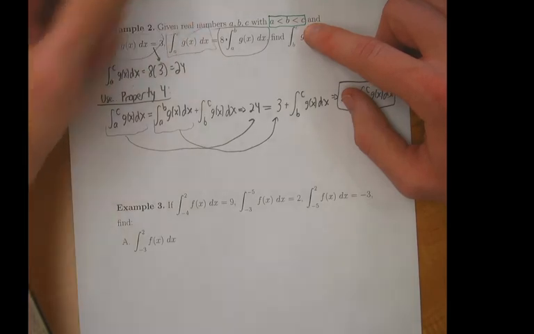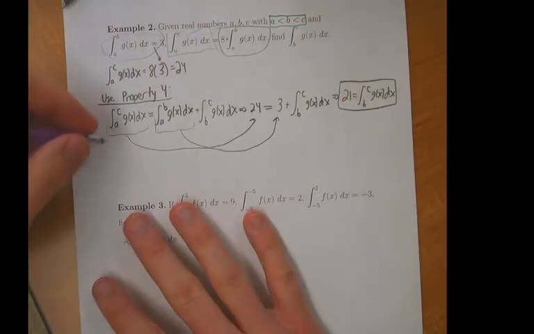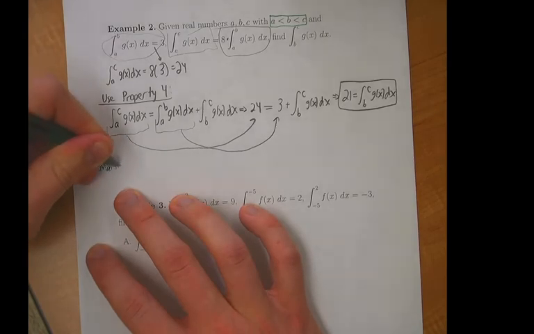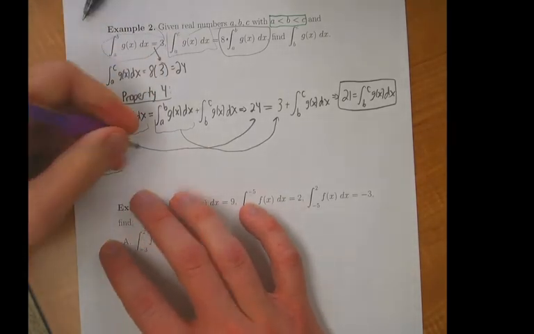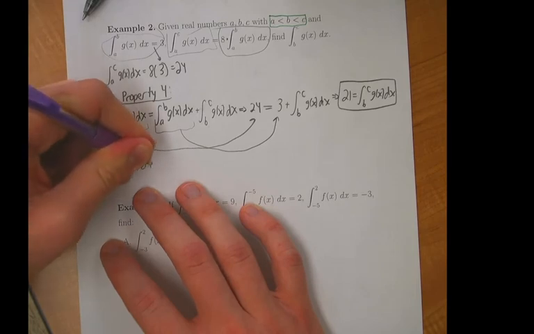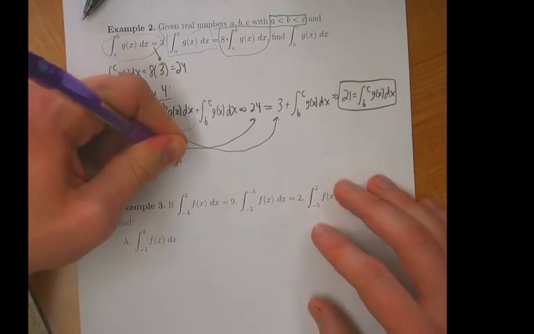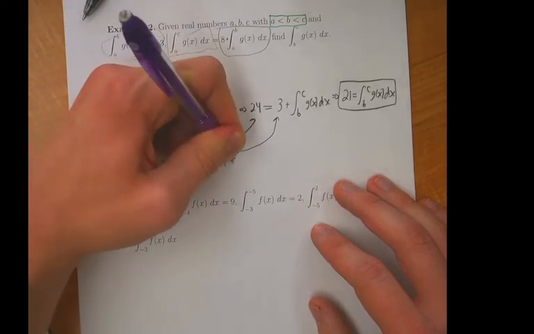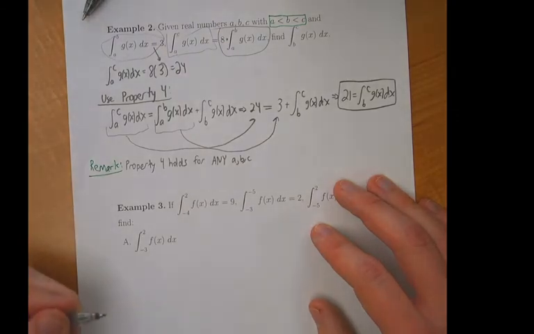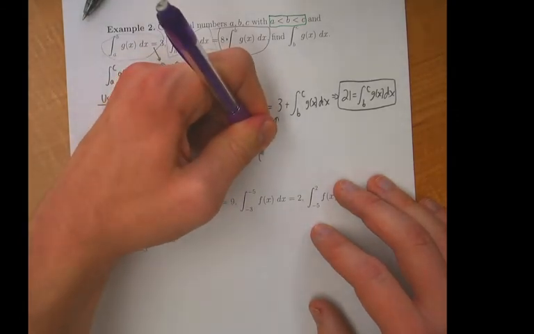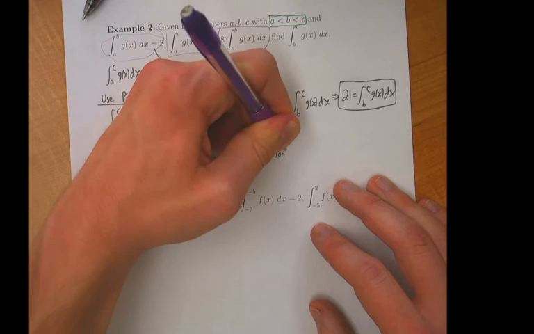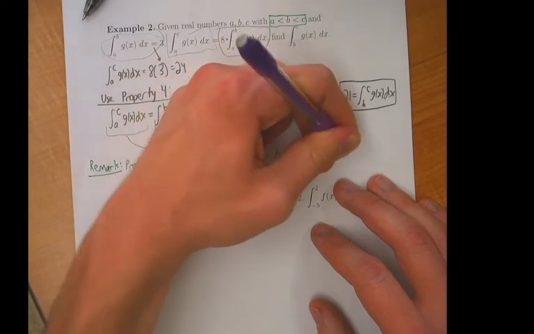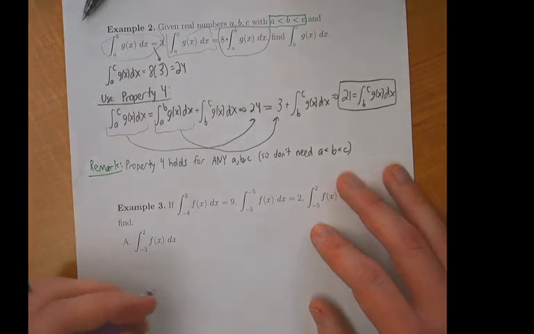So, remark: property 4 holds for any A, B, and C. So we don't need A less than or equal to B less than or equal to C. Or at least it's not needed.